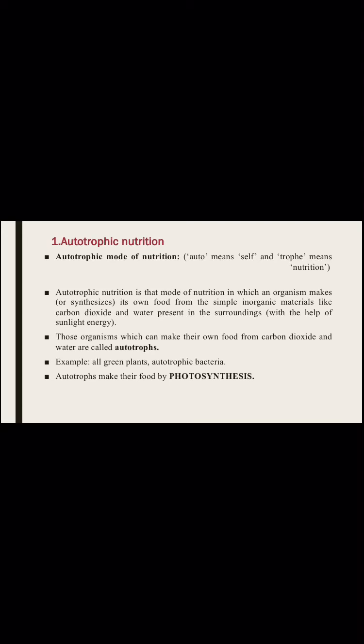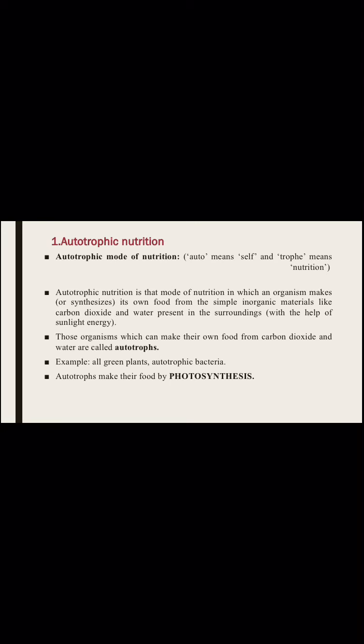Now, hopefully all of you have understood what autotrophic nutrition is. Autotrophic nutrition is a mode of nutrition wherein the organism can prepare its own food inside its body. Who are said to be autotrophs?